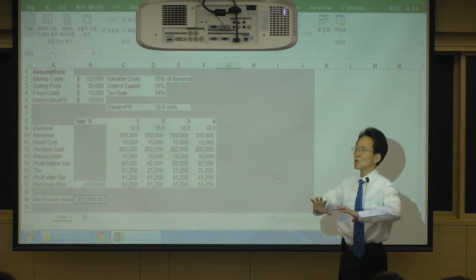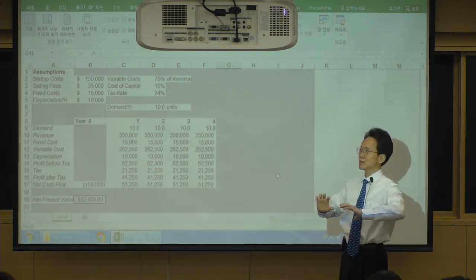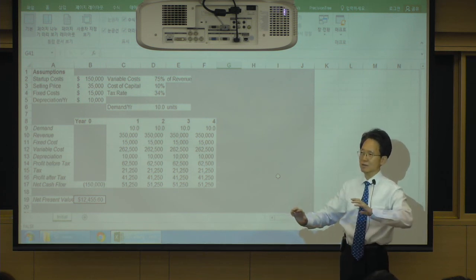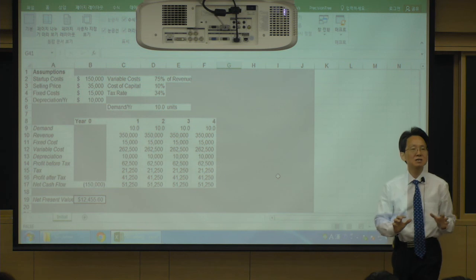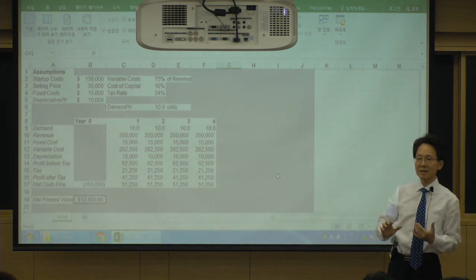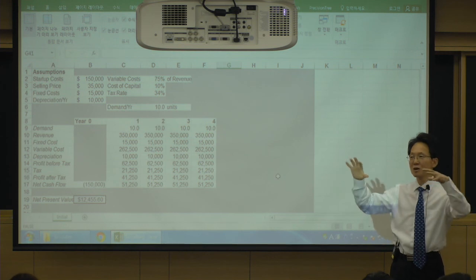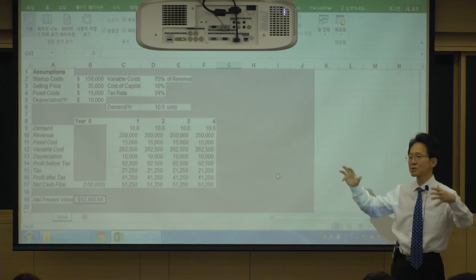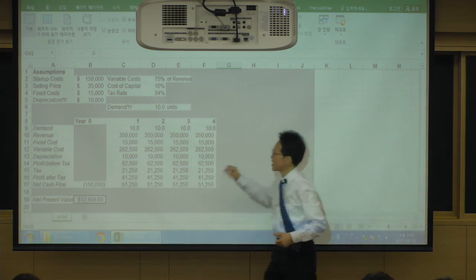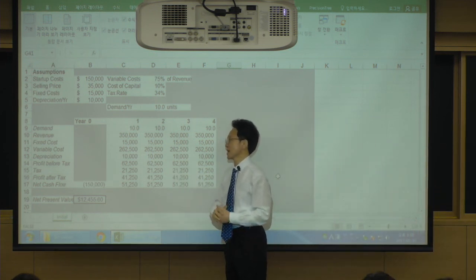Again, cash flow implies whether you actually have actual cash flowing in and out, right? And depreciation is not an actual cash payment. Depreciation is just a book concept. In other words, it's the concept we use in order to determine the profit after tax.